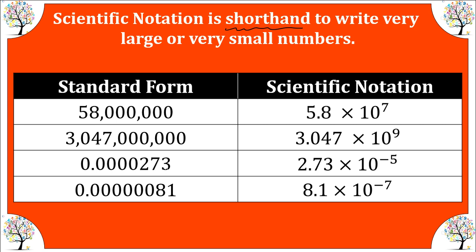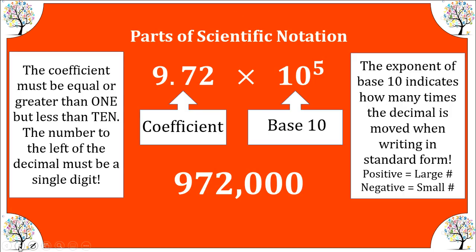Then we have very small numbers, and we can write these in scientific using the power of 10 as well. So this value, 58 million, is equivalent, or the same as, 5.8 times 10 to the power of 7 and vice versa. Each of these represents the same number, the same value. They are equal to each other.